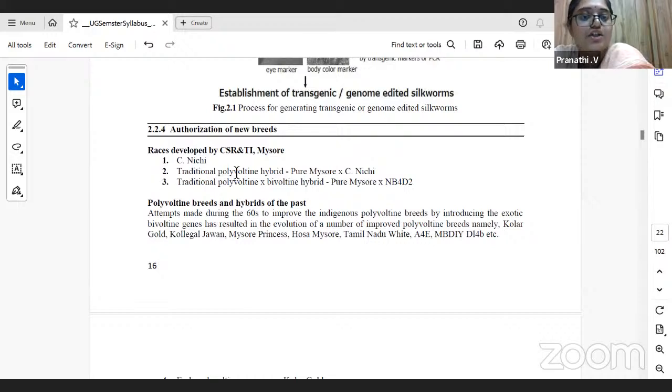So you have traditional polyvoltine hybrids such as pure Mysore x Nistari, and then traditional polyvoltine crossed with bivoltine hybrids, which gives rise to pure Mysore x NB4D2, which is another type of breed or race.